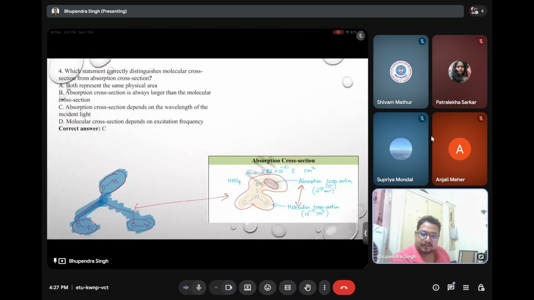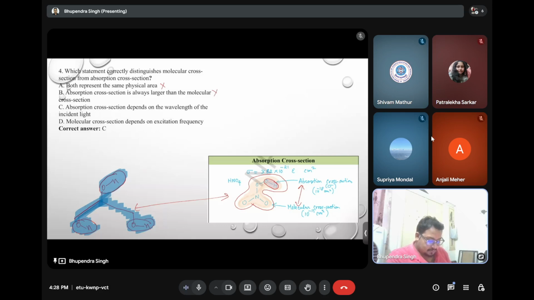Whatever I have painted in blue color is the molecular cross section. And the OH bonds, these are the absorption cross section. So the absorption cross section will always be lesser than the molecular cross section. Okay. So option A is wrong, B is also wrong.